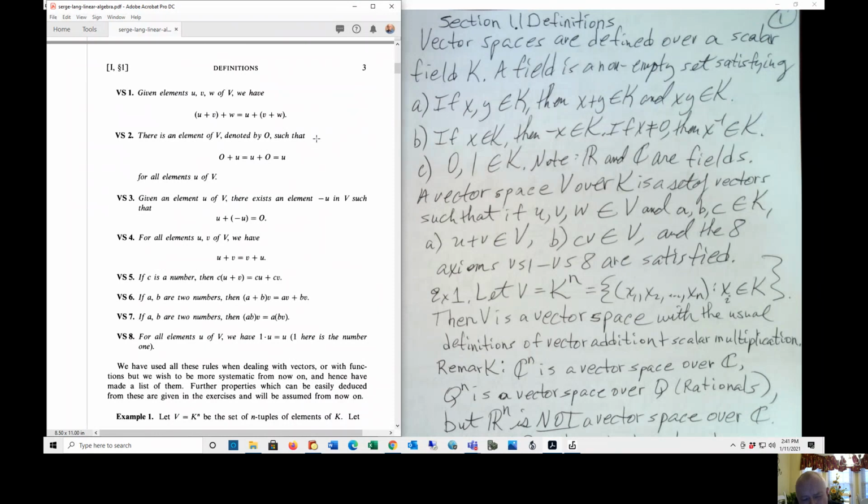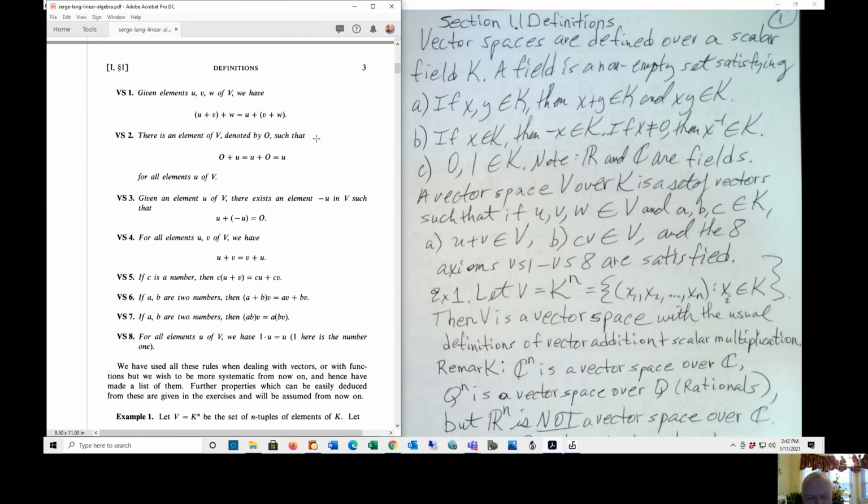The associative property. The second axiom tells us that we have a zero vector in our space denoted by the bold letter O, or if I handwrite it, I use the Greek letter theta. It's the additive identity. 0 plus u equals u plus 0 equals u for all elements u in V. The third one is the additive inverse.